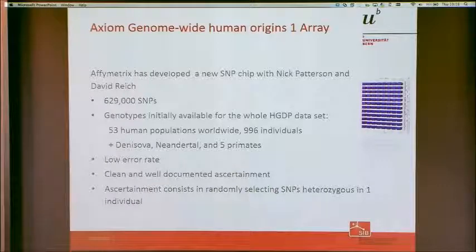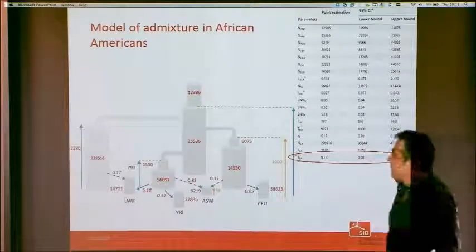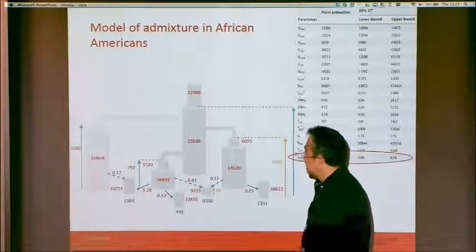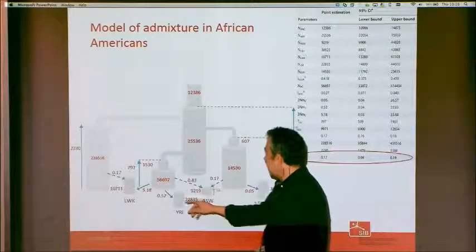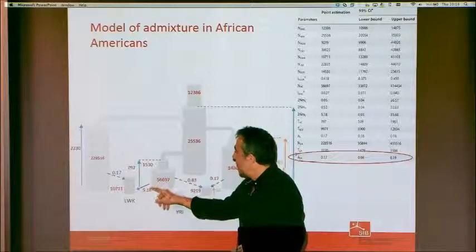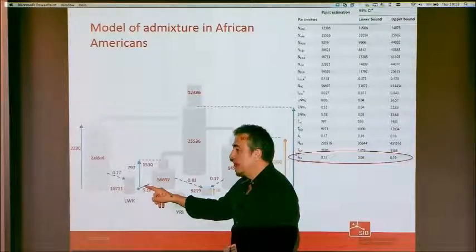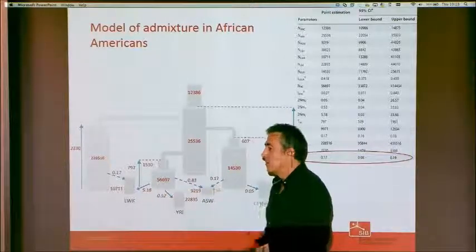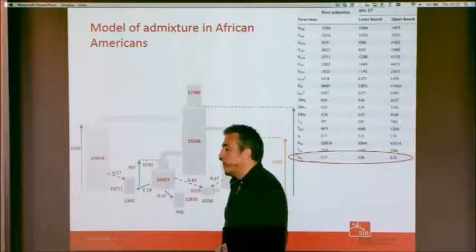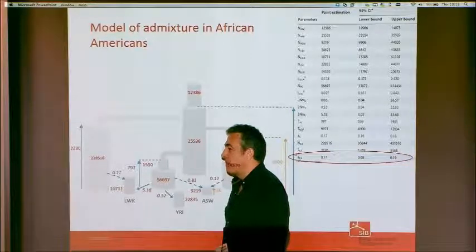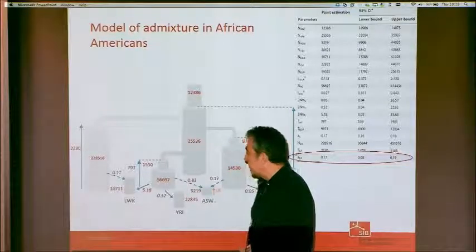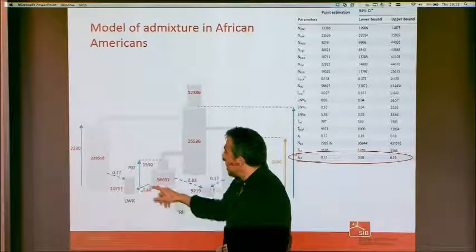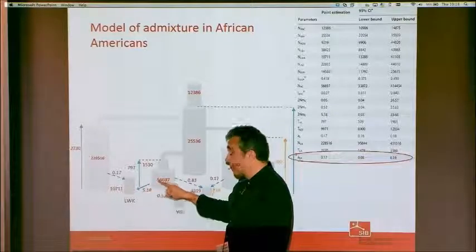Laurent, can I just ask a question about the interpretation of these things? There are no back arrows in this? Back arrows. Actually, yes, these arrows are NM parameters. So this island receives this number of genes per generation from this population.